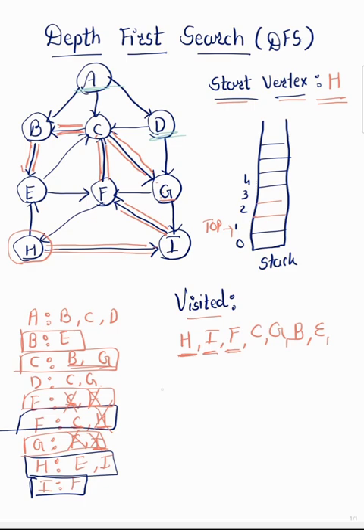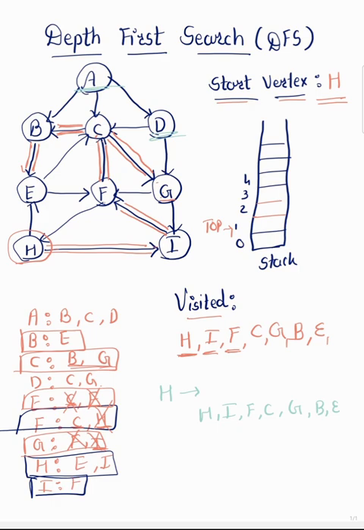Here your starting vertex is H. So from H, the reachable vertices are only this much. So for H, your DFS sequence is H, I, F, C, G, B and E. Do not worry about A and D.